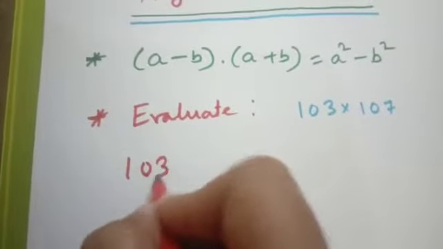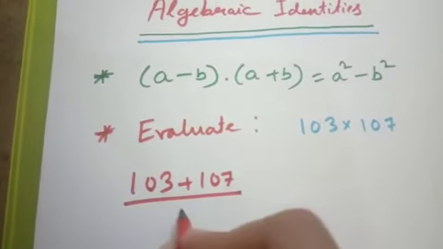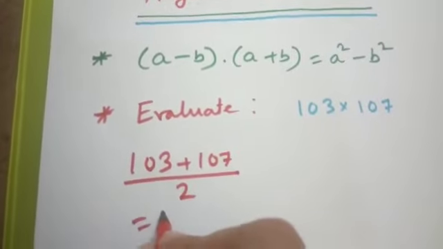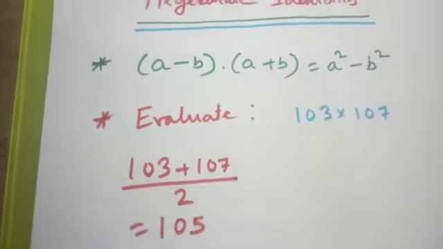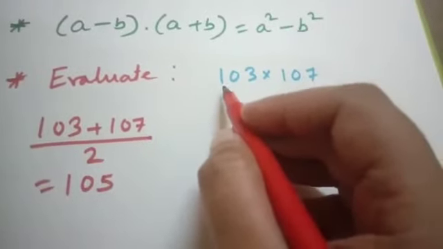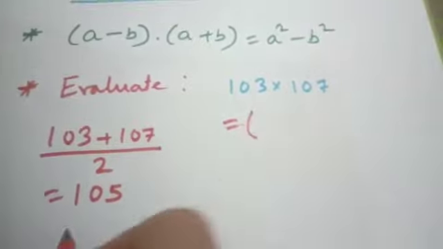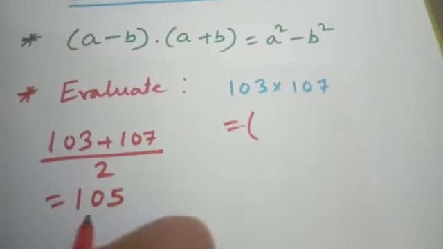At first we find (103 plus 107) by 2, which equals 105.